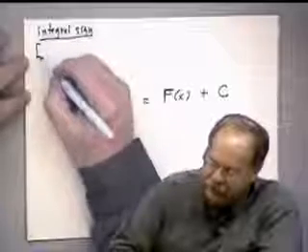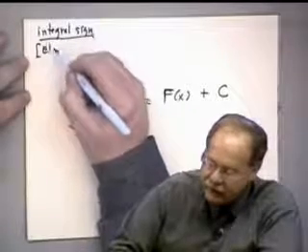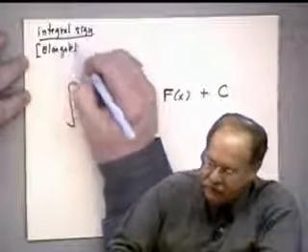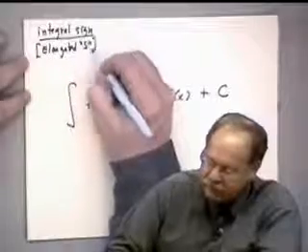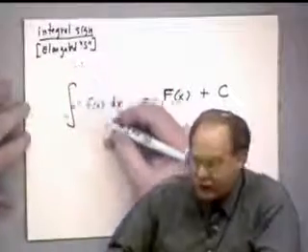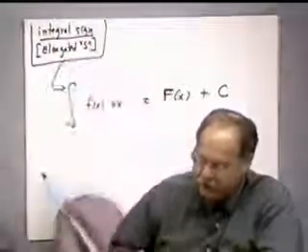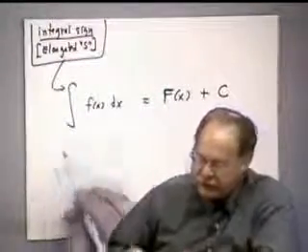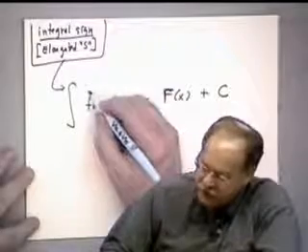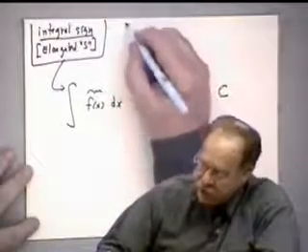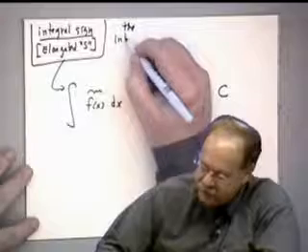And what it is, in fact, is an elongated S, the letter S. And later we'll see where that came from and why this is a good idea. But that's what this symbol is here. It's a long, skinny S. Then the function in here is referred to as the integrand.